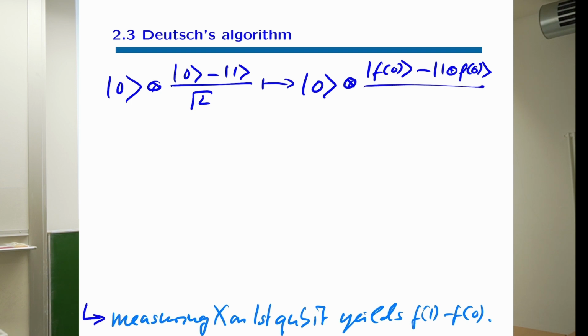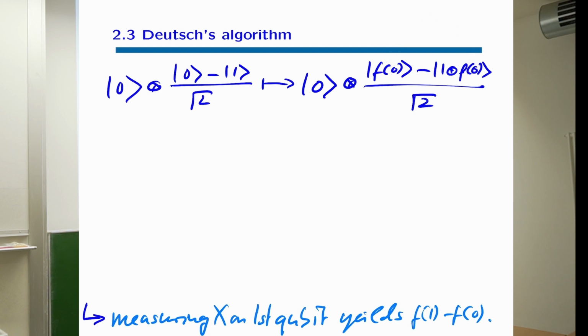Okay, so this is what happens, and what remains the same is that we still have 0 and 1 sitting here. If this is 0, this is 1, and if this is 1, this is 0. So all that can happen is that this expression remains what it was, or 0 and 1 become interchanged.